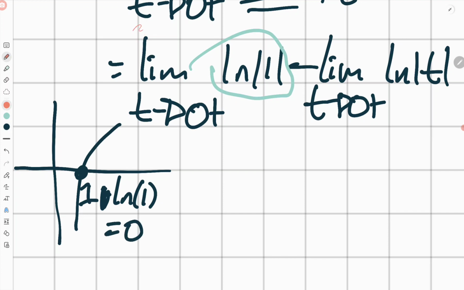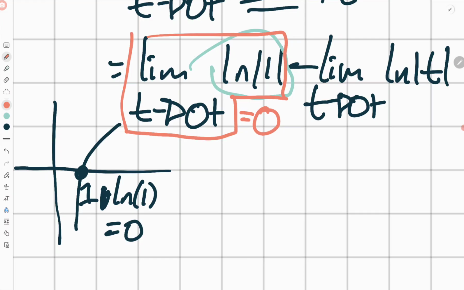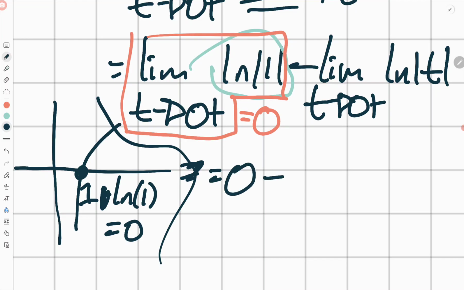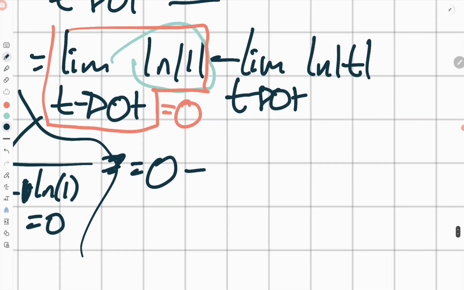That means this entire expression right here is equal to what? It equals 0, because you can evaluate ln of 1 directly from its graph. So you're going to end up with 0 minus, and now what happens with the next part?